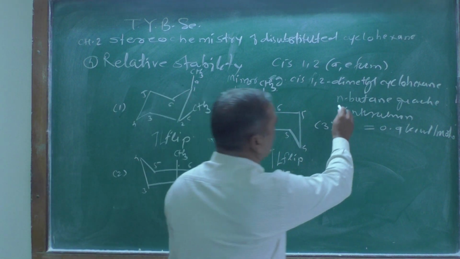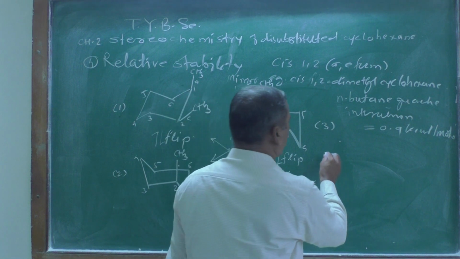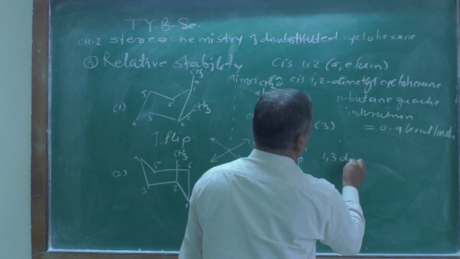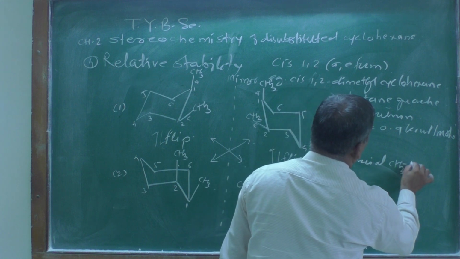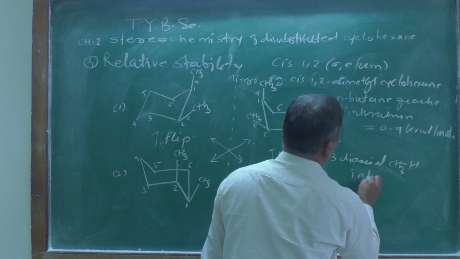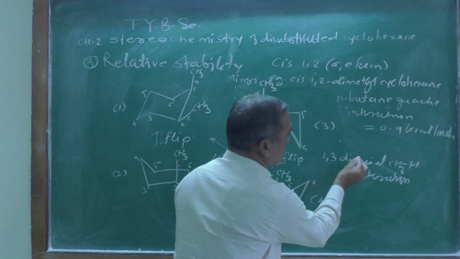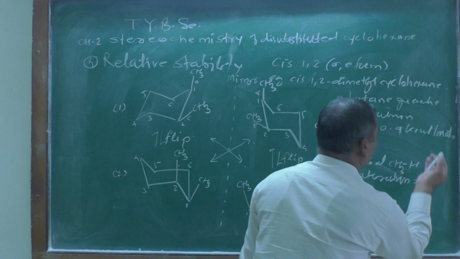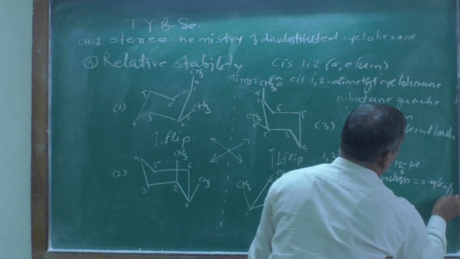Now instead of n-butane gauche interaction, here a 1,3-diaxial CH3/H interaction is there. And this 1,3-diaxial interaction also produces 0.9 kilocalorie per mole.